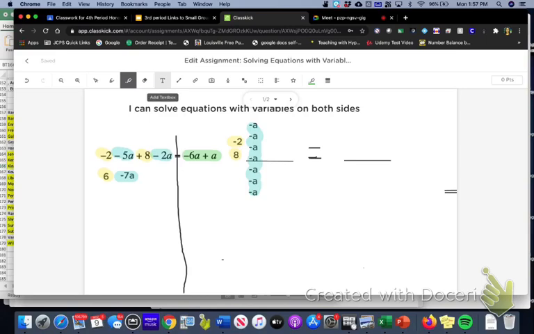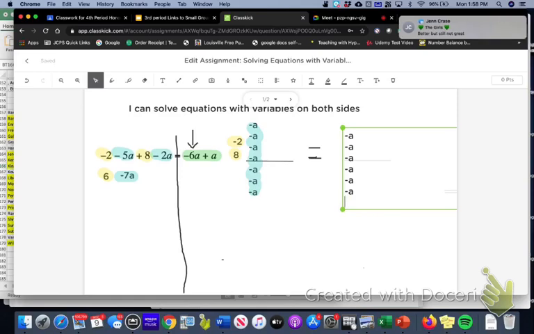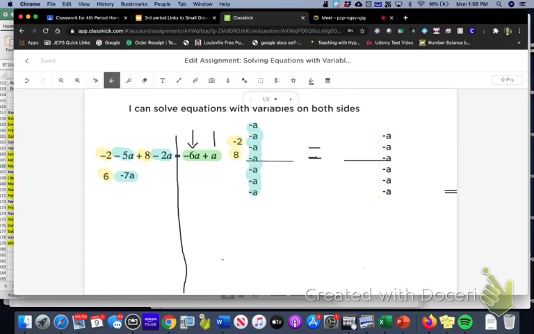So the first term that we have is a negative 6a. So that means that I'm going to have 1, 2, 3, 4, 5, and 6 a's that are all negative. And then I also am going to have a single solitary positive a right there.